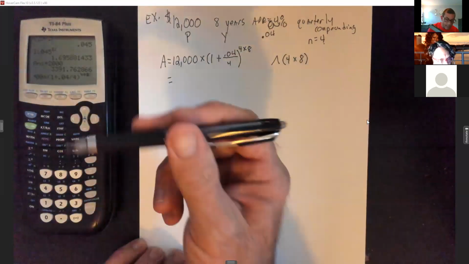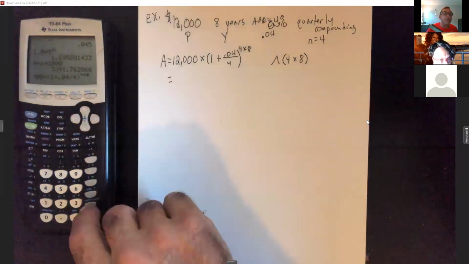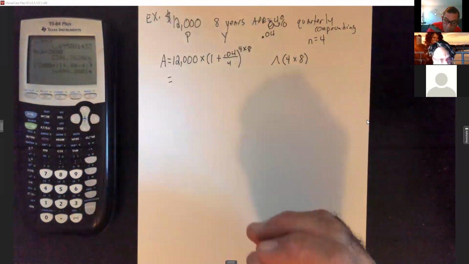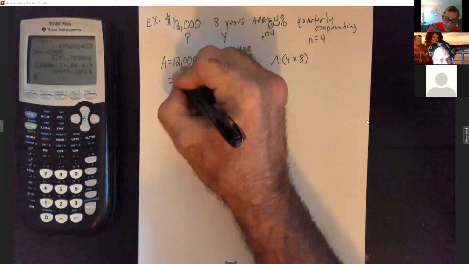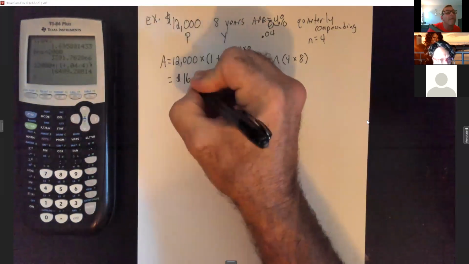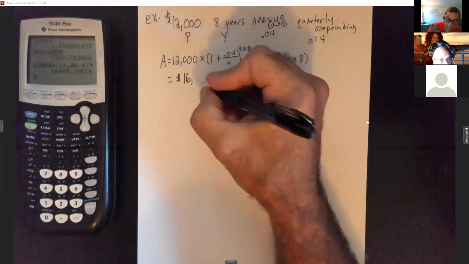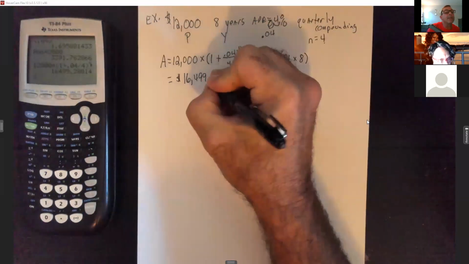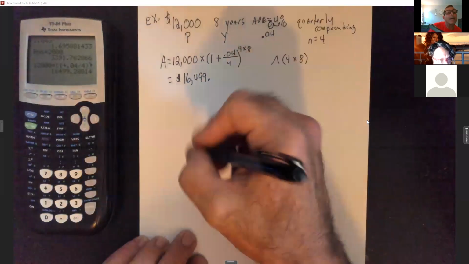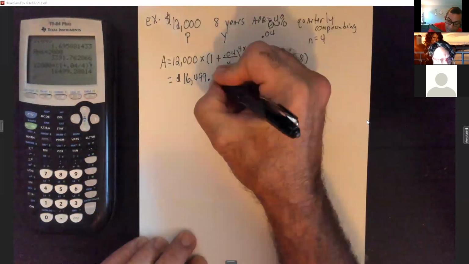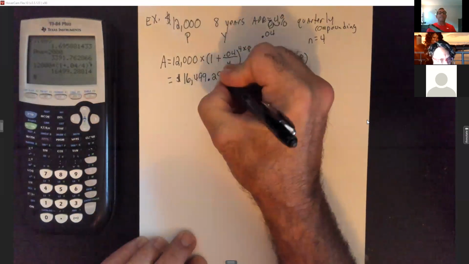All right, so I got that in. So what I would do now is hit enter, and we're going to round to the nearest cents. So I get 16,499.28. Since there's an 8 behind it, the 8 in front becomes a 9.